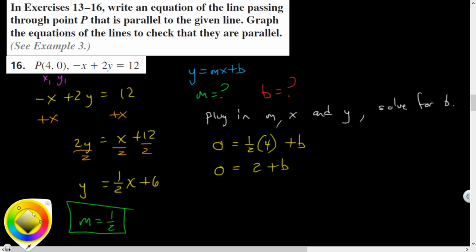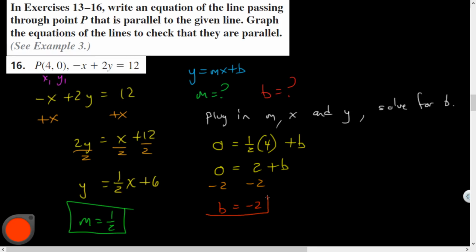And to solve for b, what do I do to both sides? Subtract 2 from both sides. Notice this. I've got b equals -2. I've just found the y-intercept of my line. So what is the equation of my line? y equals 1/2 x minus 2.